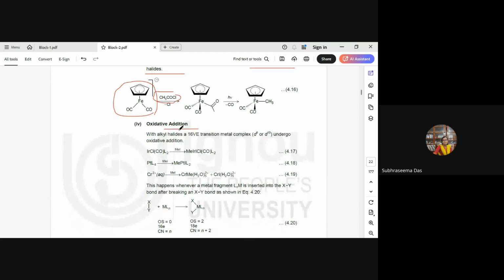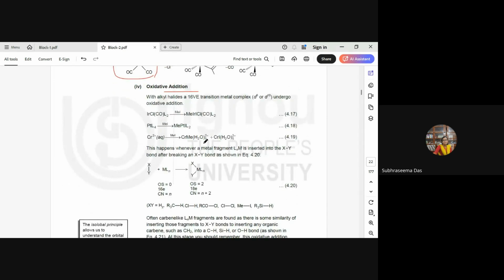With alkyl halides, a 16 electron transition metal complex undergoes alkyl oxidative addition. This happens whenever a metal fragment is inserted into the X-Y bond after breaking the X-Y bond, as shown here. The MLn organometallic transition complex inserts itself into the X-Y bond.